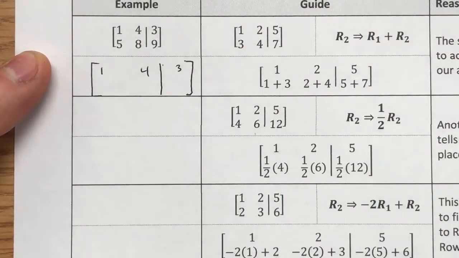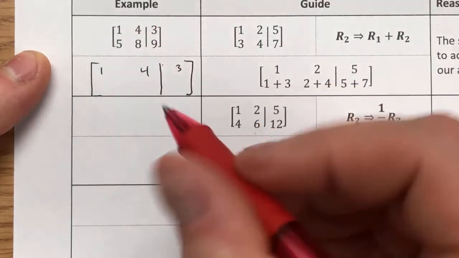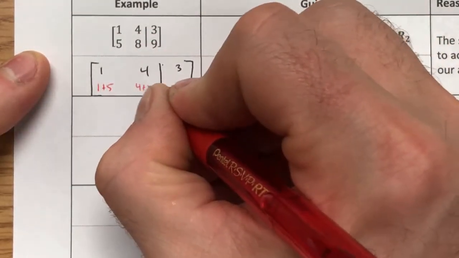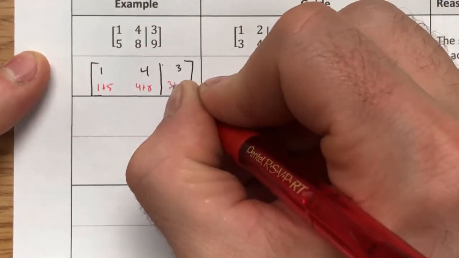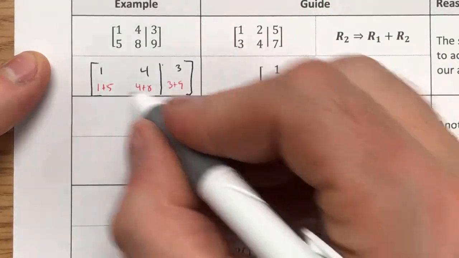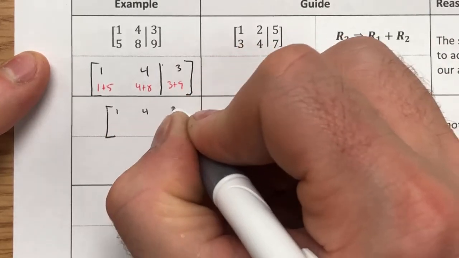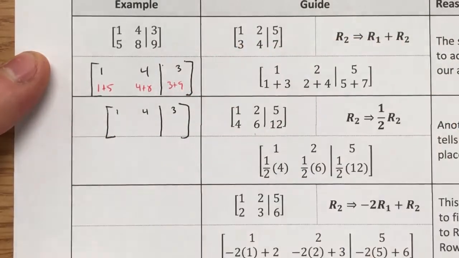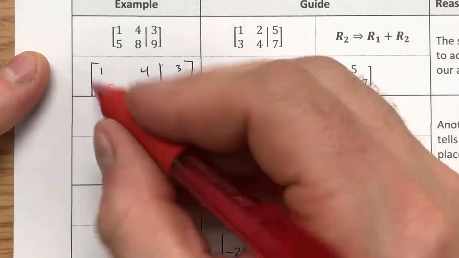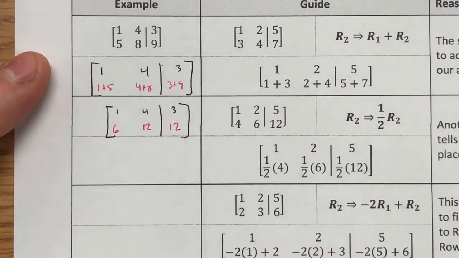Now what I am doing is I'm replacing row 2 with row 1 plus row 2. So 1 plus 5, 4 plus 8, 3 plus 9. So what I get now is my new matrix is 1, 4, 3. Throw my augment line in there. I'll get 6, 12, 12.